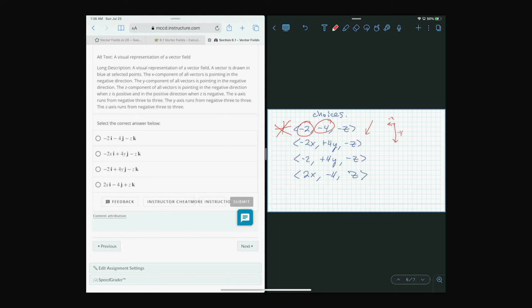Done. I know it's not this one because having the x and the y here means that when x is 0 or y is 0, the vector length would be 0. So it wouldn't be down and to the left at x equals 0, y equals 0.